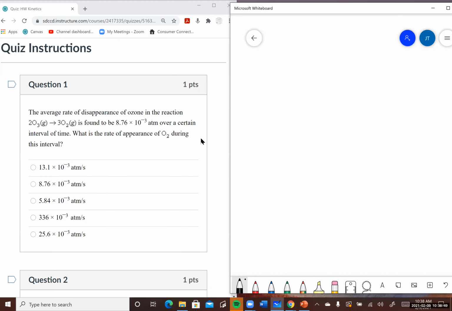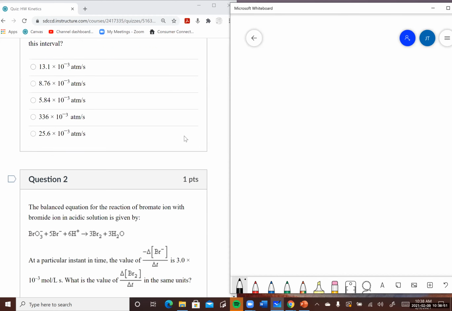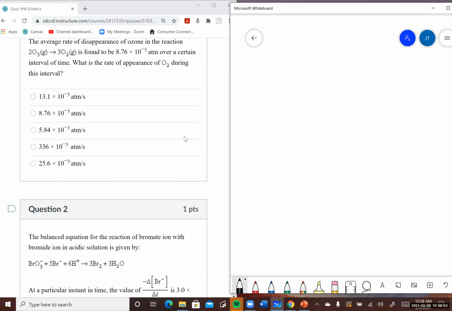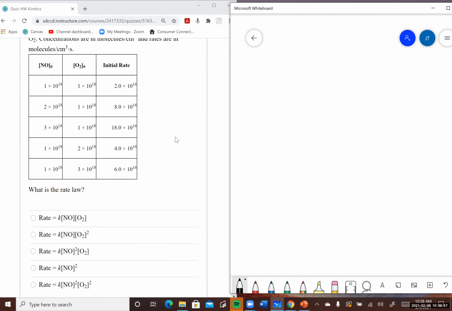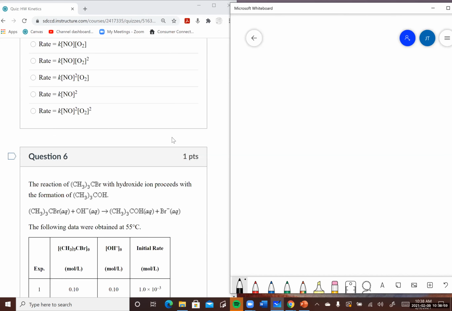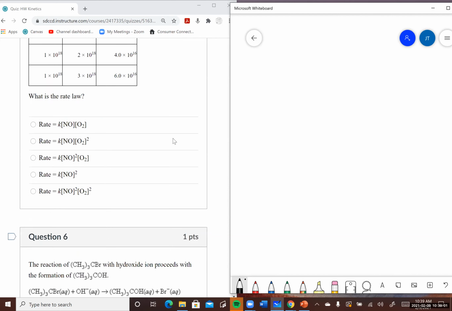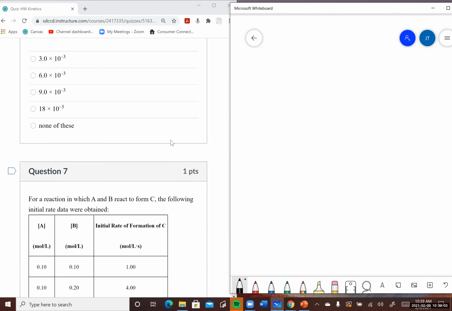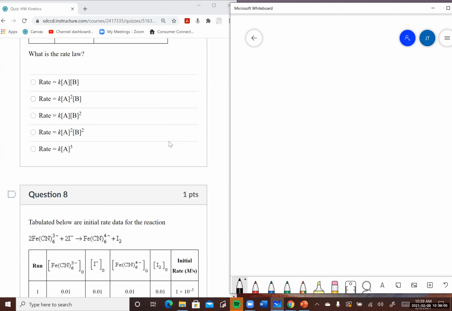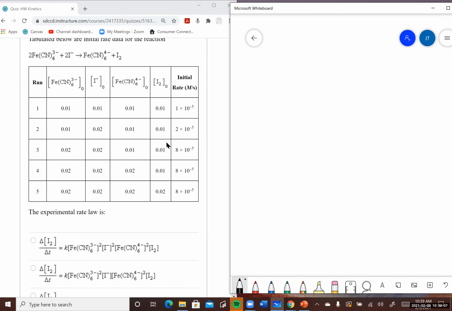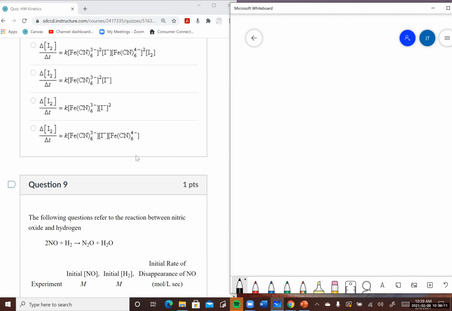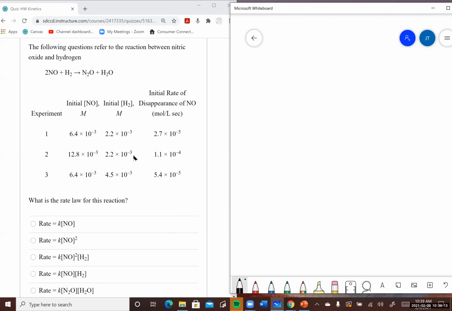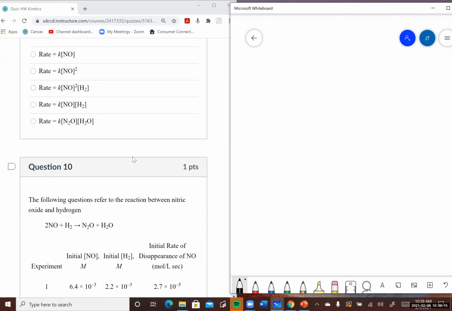So you guys have been working on these first few problems here on rate laws using the tabular method. We got a whole bunch trying to relate those to the generalized rate equation. So more of the same.